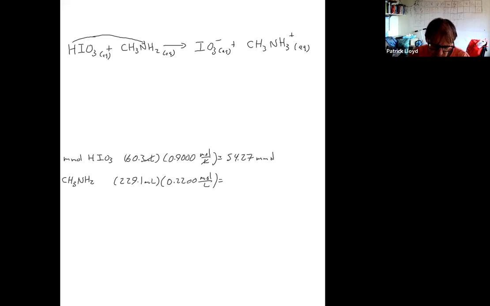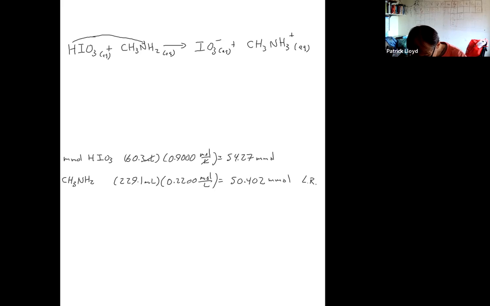So 229.1 times 0.22, and here we get 50.402 millimoles. So let's first identify which one is the limiting reactant and which one's the excess reactant. The limiting reactant is the smaller one, right? So that means that the limiting reactant is the methylamine.